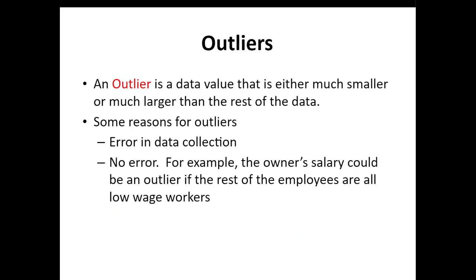One thing that can influence the symmetric nature of your data distribution is an outlier. An outlier is a data value that is either much greater or much smaller than the rest of your data. So it's very, very different from the expected mode. There are lots of reasons that you can have outliers in your data.